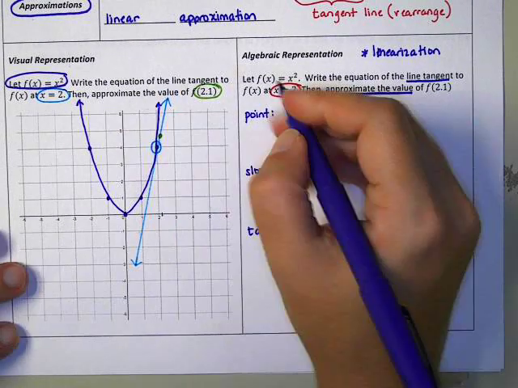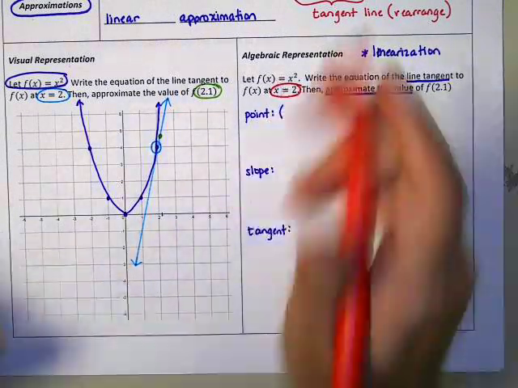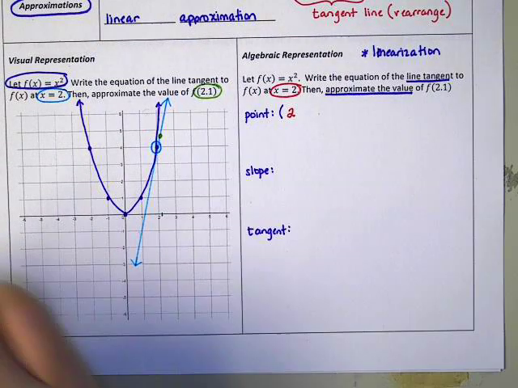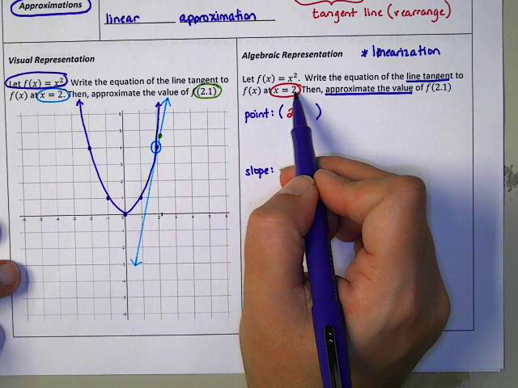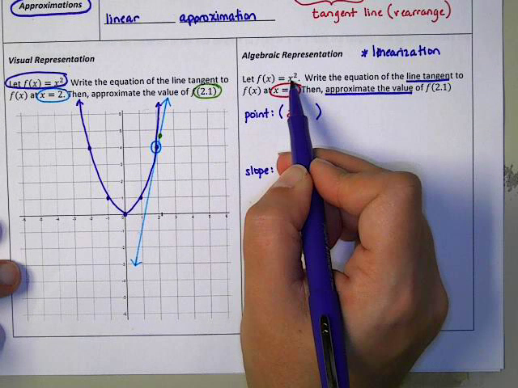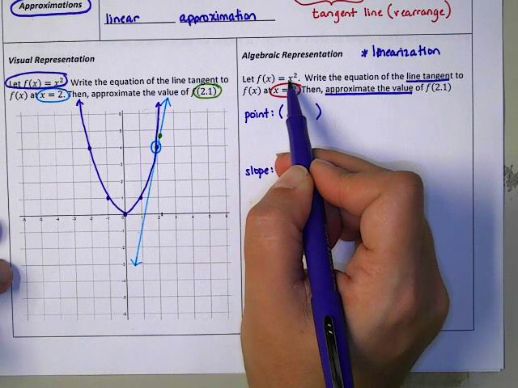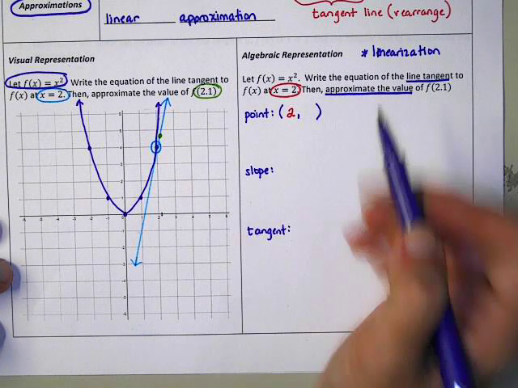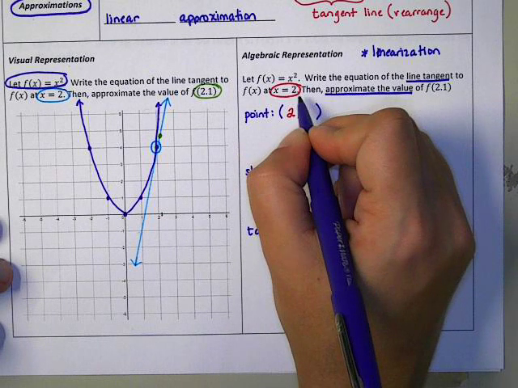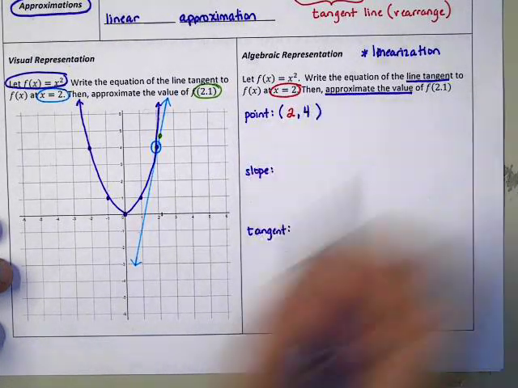So in my ordered pair, the x value would be 2. In order to calculate the y value, I'm going to take the 2 and plug it into the original equation, because this tells me my outputs are always my inputs squared. So to figure out the y value, I would do 2 squared, which is 4.